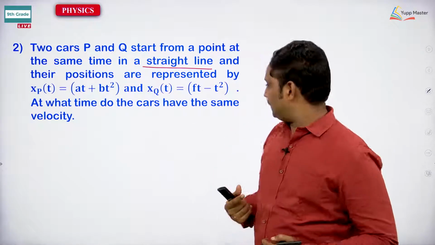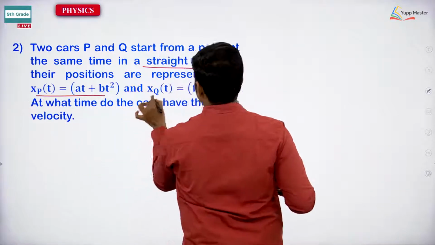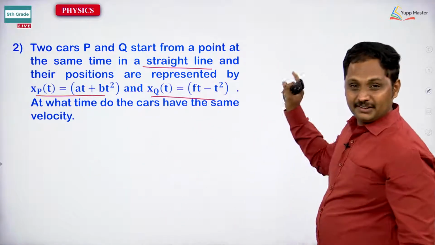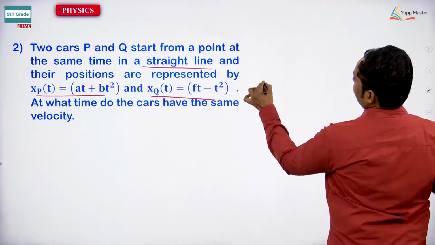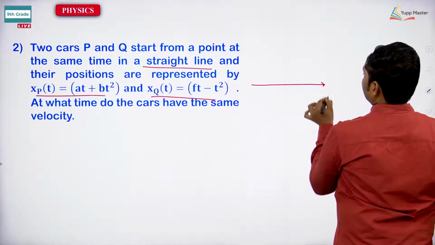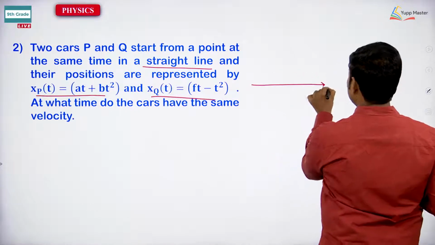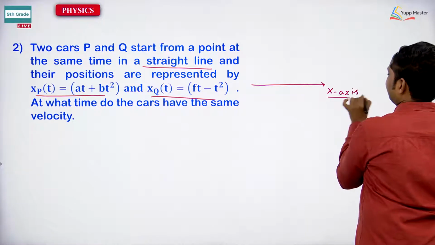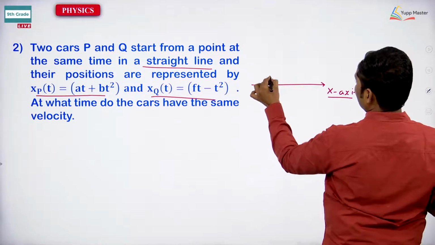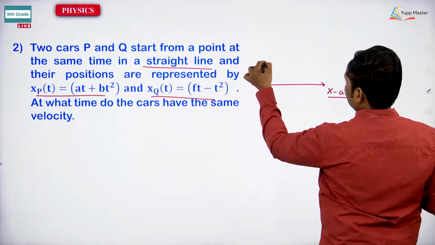They have given the positions in the problem, and you have to use them in order to estimate this. Let us assume the cars are moving on the x axis. So you can write the position as a function of time t.